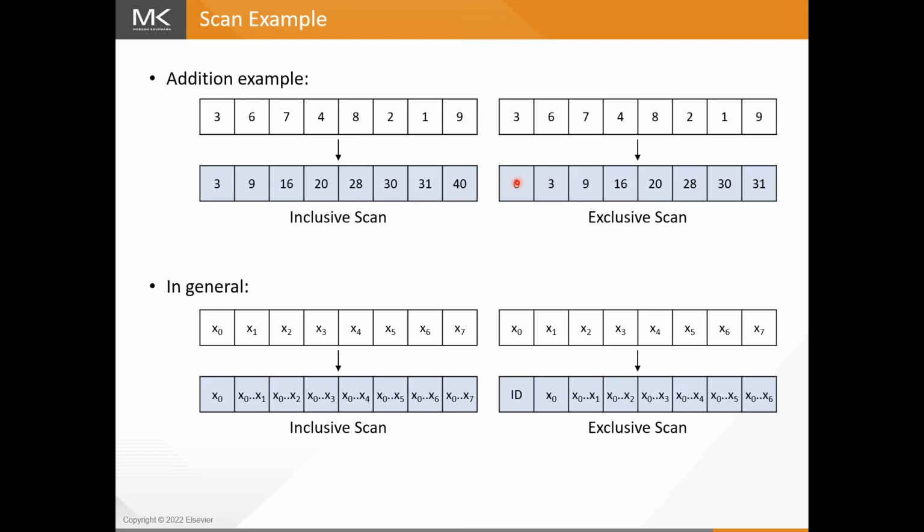And for an exclusive scan, it's the preceding elements, but not the corresponding element in the input array.